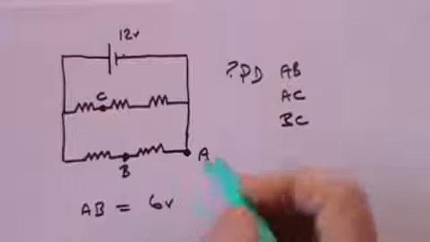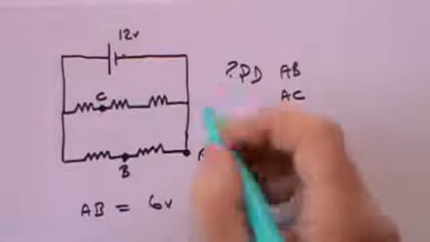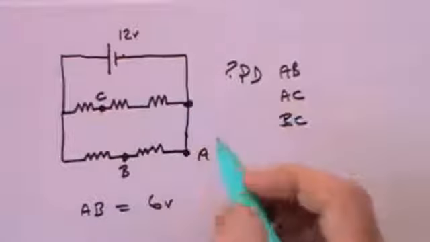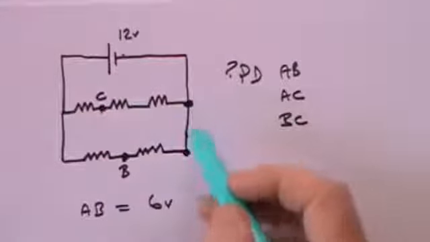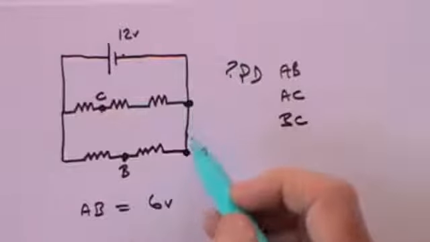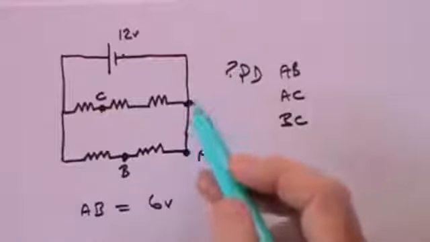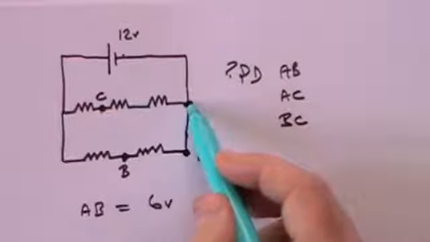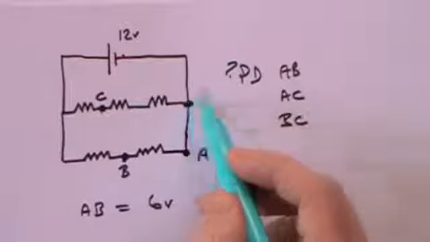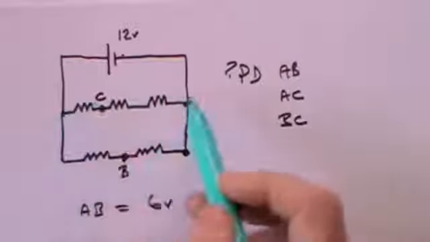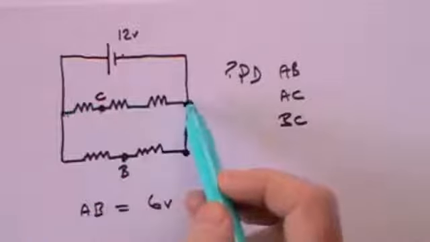Now we need to look at the potential drop across AC. A is just the same as that there. There is no potential difference between these 2 points because we're regarding this as a wire that has no resistance, so there's no potential drop here. So A is just as easily considered to be here. Once again, we ask what is the potential drop across the entire 3 resistors?